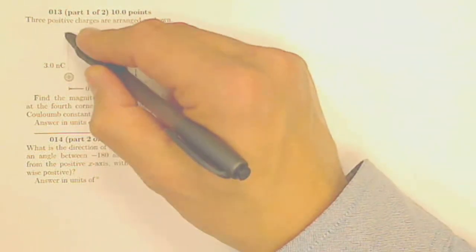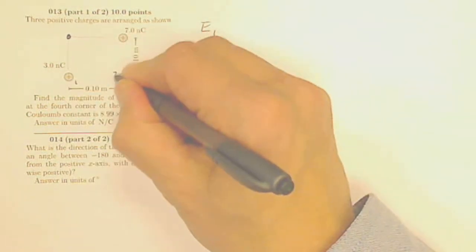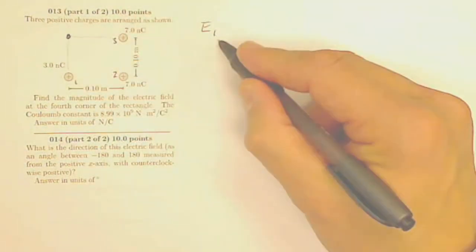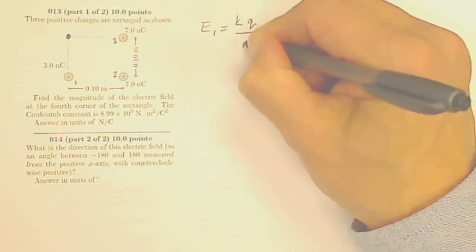So what you're going to have to do is find the E field from each one. I'll call this one 1, this one 2, and this one 3. E for the first one is just going to be KQ over R squared.